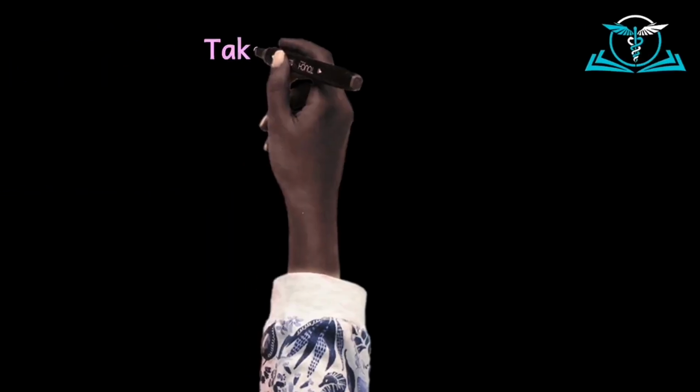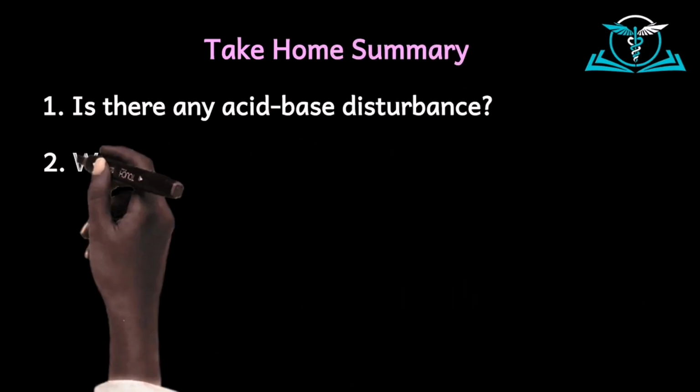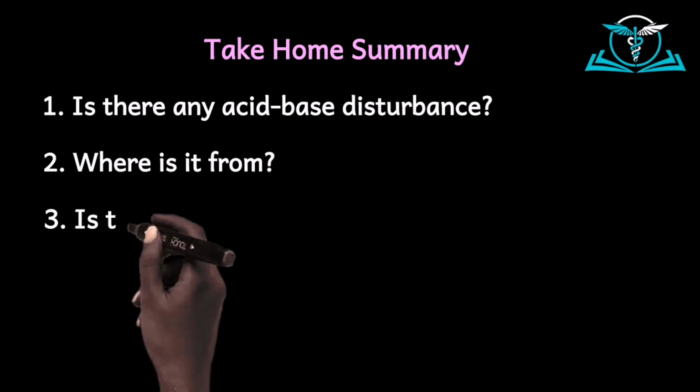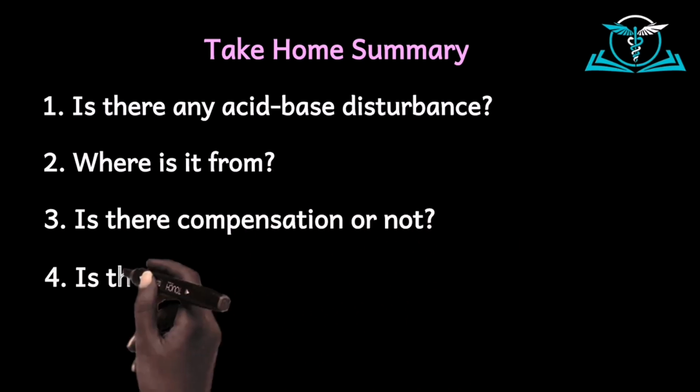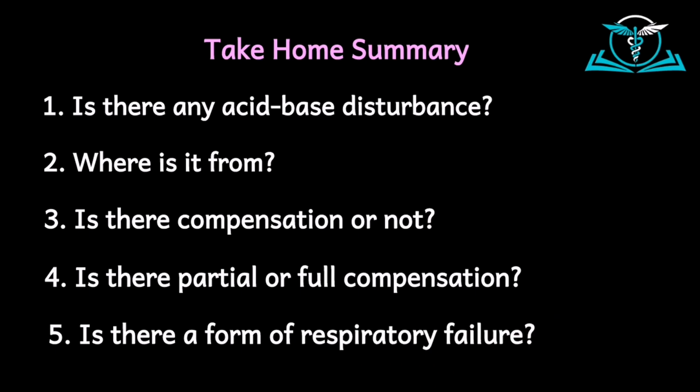And so, ladies and gentlemen of the TutorMed community, what is our take-home message from this presentation? In interpreting arterial blood gas, especially during an OSCE or during an exam, the first thing your eye should be looking for is the pH. That will help you answer the question whether or not there is any acid-base problem. The next thing is to find its origin. Where is it from? Is it metabolic or respiratory?